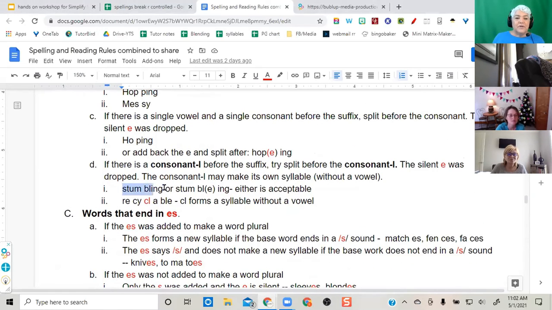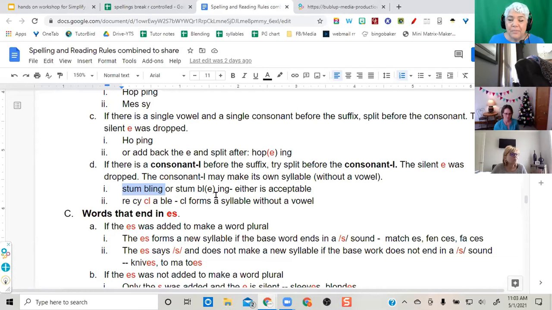If you look up this word here in the dictionary, there will be two pronunciations given, stumbling or stumbling. And it depends on where you are, what people will say. A lot of people will say stumbling as 3 syllables. If you say it as stumbling, you have a syllable without a vowel at all. You'll have BL as a syllable without a vowel. I just say the silent E was dropped.